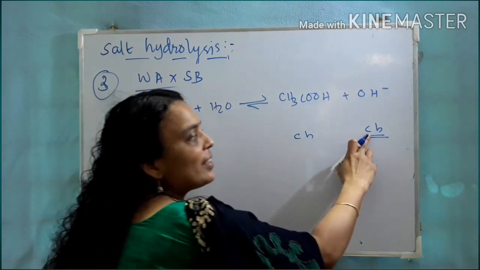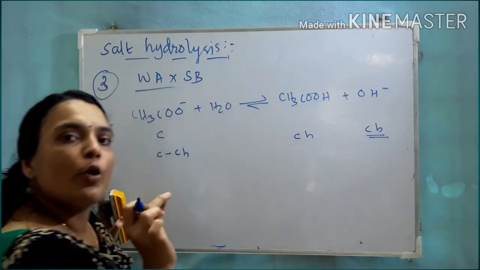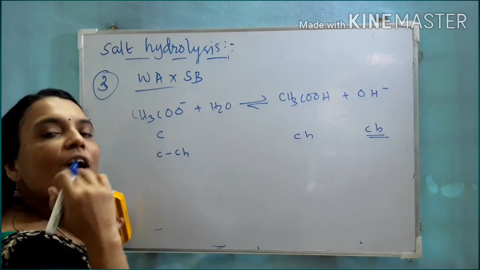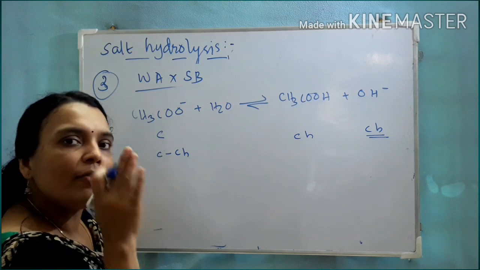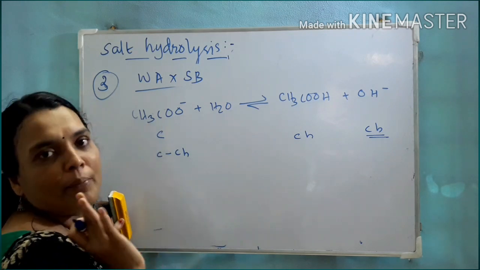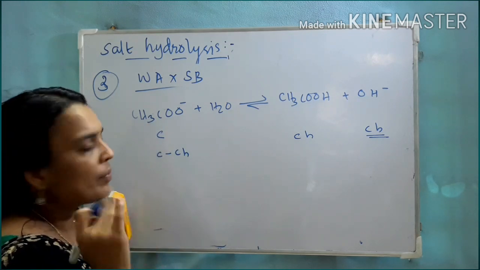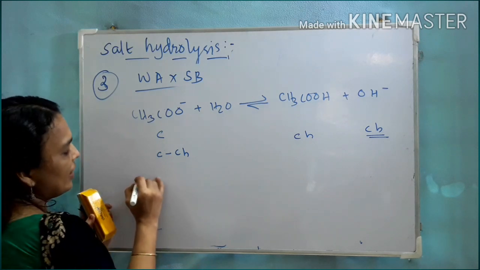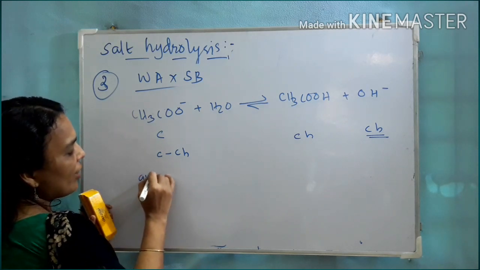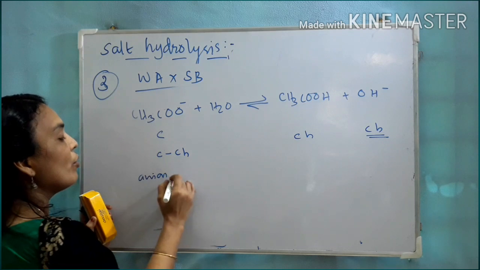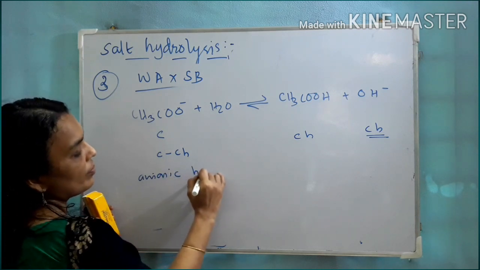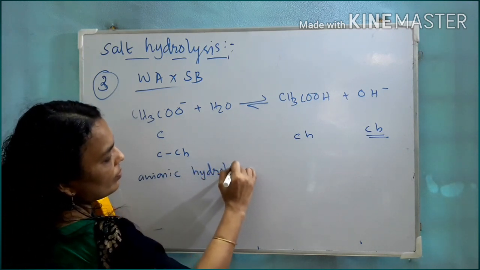But remember here Ch is the molar concentration of OH minus ion. So we are calculating pOH. Then 14 minus pOH is pH. Okay. So here it is an anionic hydrolysis.